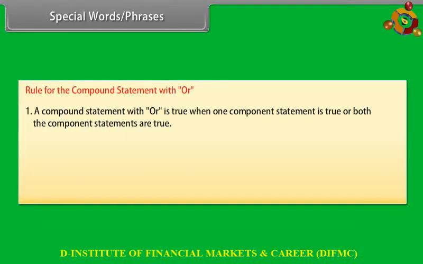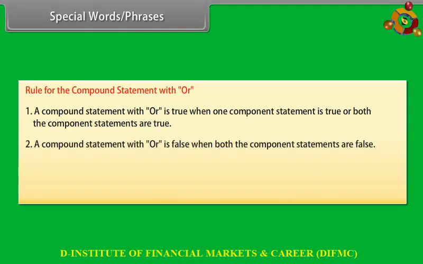1. A compound statement with "or" is true when one component statement is true or both the component statements are true. 2. A compound statement with "or" is false when both the component statements are false.